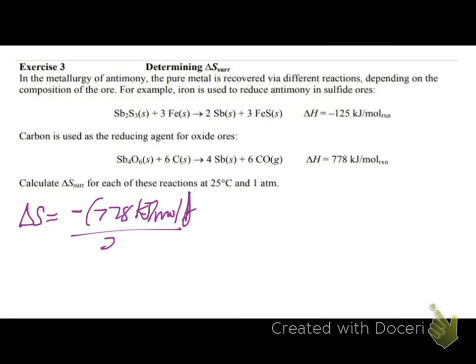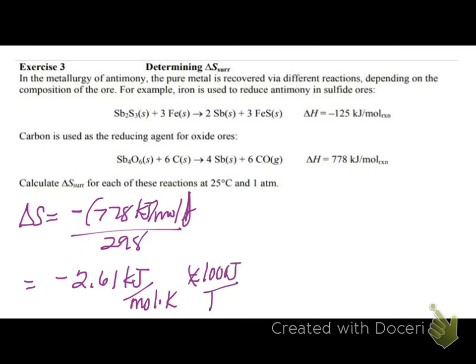Divided by 298 gives me a negative 2.61 kilojoules per mole K. So negative 2610 joules. Disorder decreased.